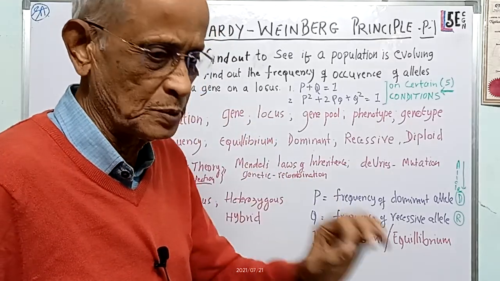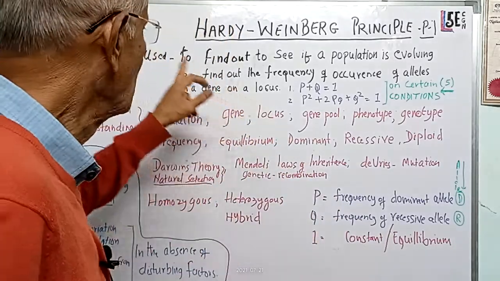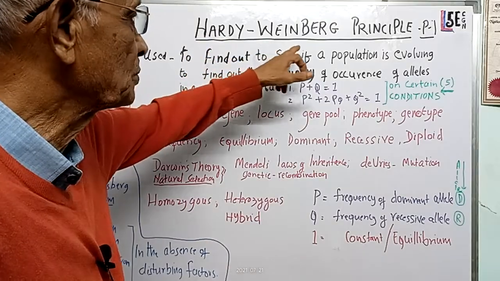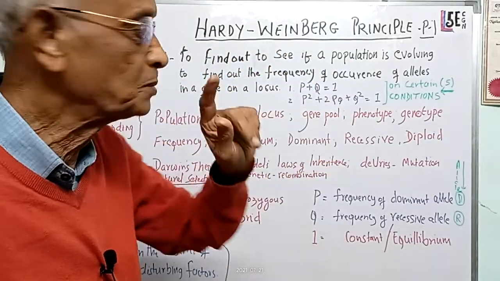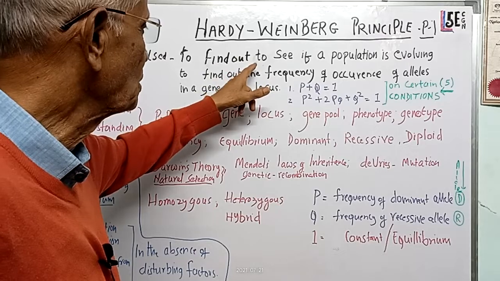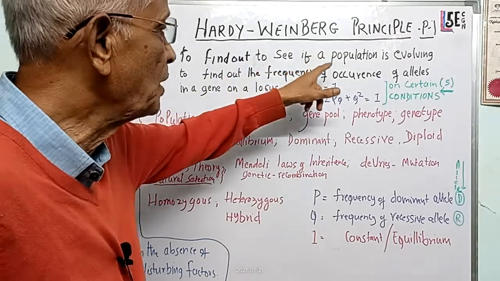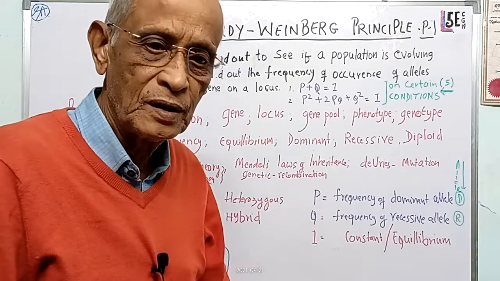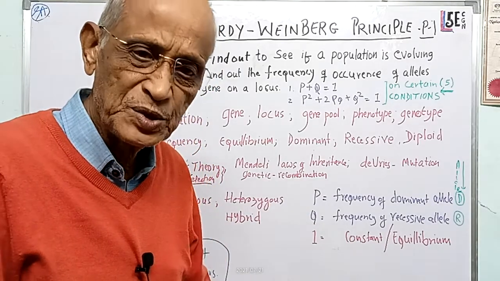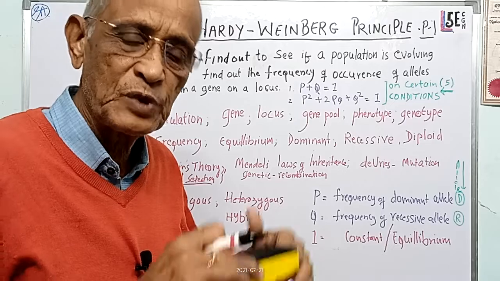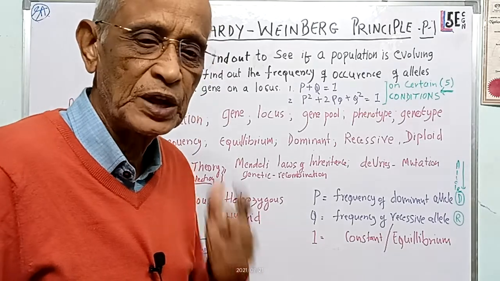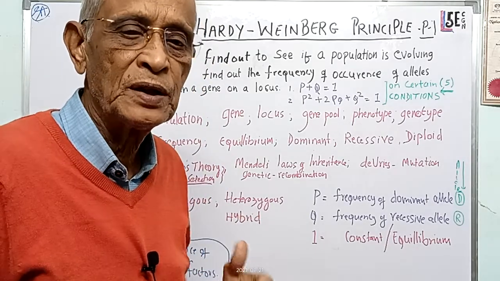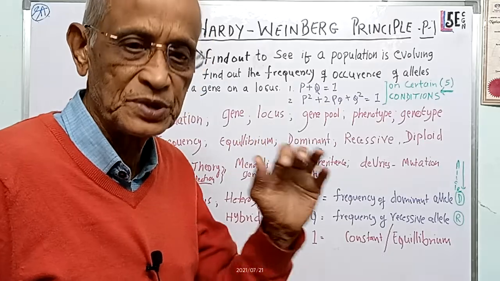Now, in a very simple way, the Hardy-Weinberg principle can be used to find out if a population is evolving, or whether it is stabilized, whether there is any equilibrium. These things can be explained based on certain statistical measures.